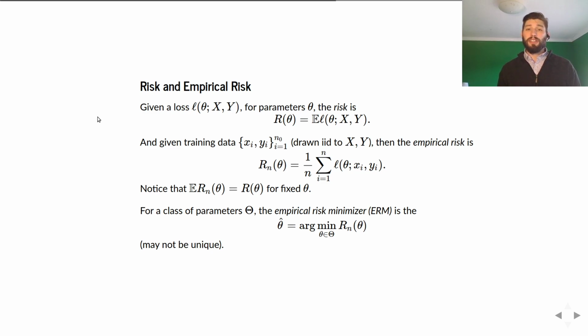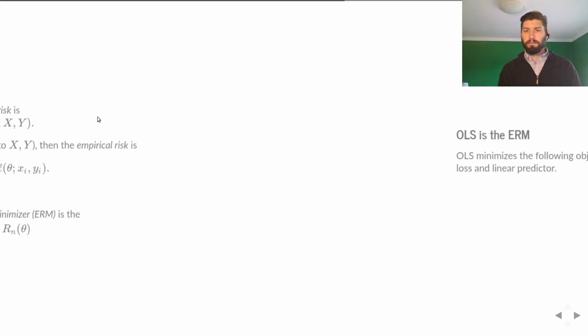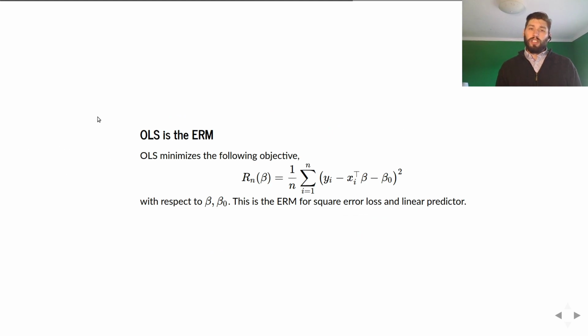So any estimator that is a minimizer over some class of this empirical risk, we call that an empirical risk minimizer, or ERM. And the empirical risk Rn is sometimes called the training error. So ordinary least squares is an empirical risk minimizer, but there are two things that we have to specify. First, we have to specify exactly what the prediction function is.